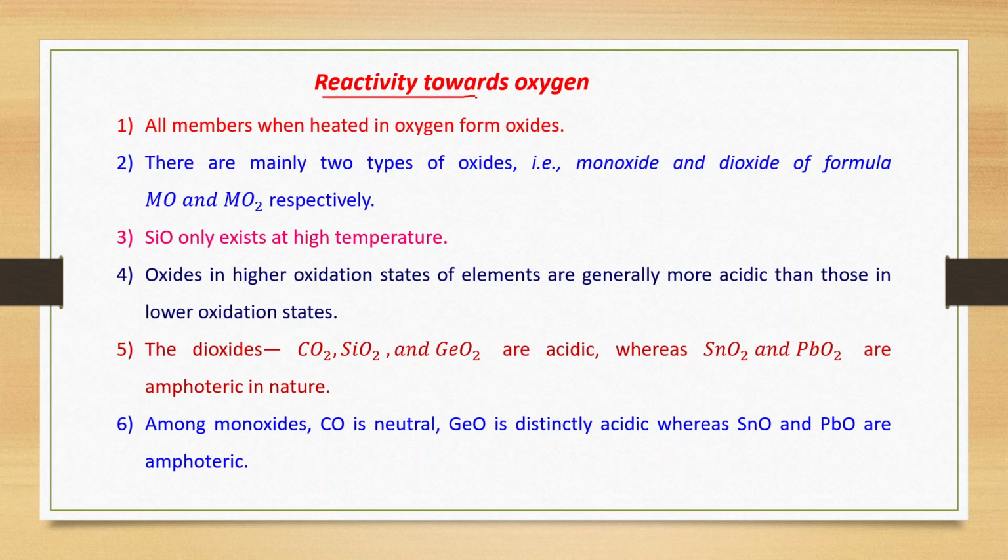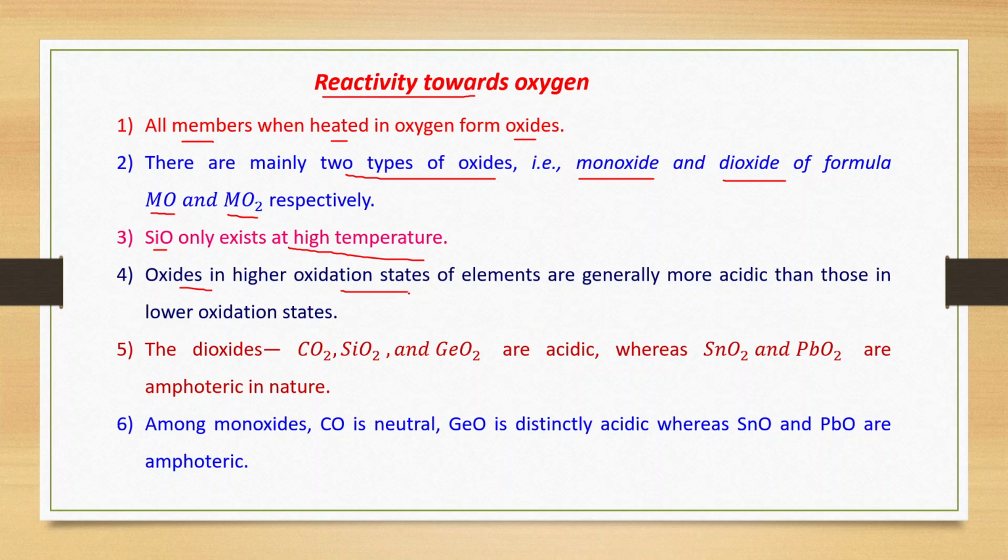Now, reactivity towards oxygen. All members, when heated in oxygen, form oxides. There are mainly two types of oxides, monoxide and dioxide of formula MO and MO2 respectively. For example, carbon monoxide CO and carbon dioxide CO2. SiO only exists at high temperature.